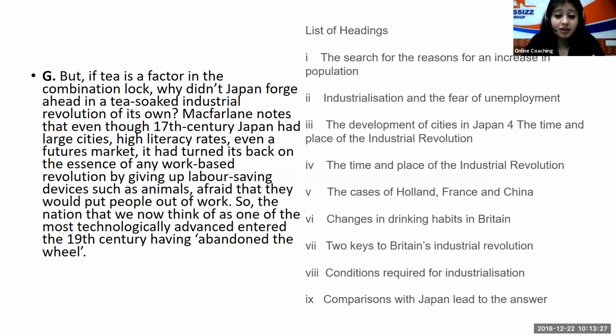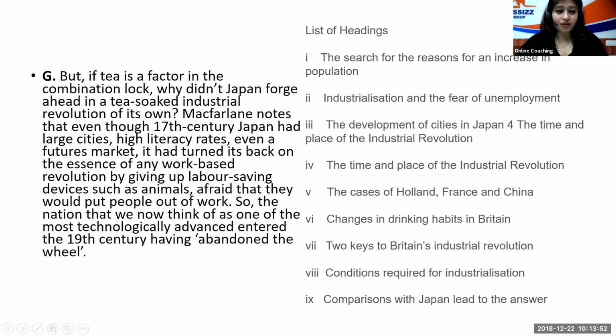And that is the paraphrasing of the second heading. Do you see this? The industrialization and the fear of unemployment. So Japan basically did not take up industrialization because they were afraid that they would not have work for people. Right. Do you get this?